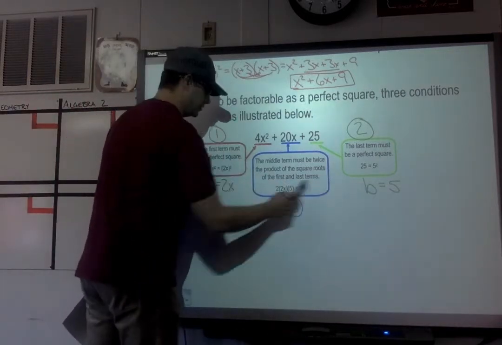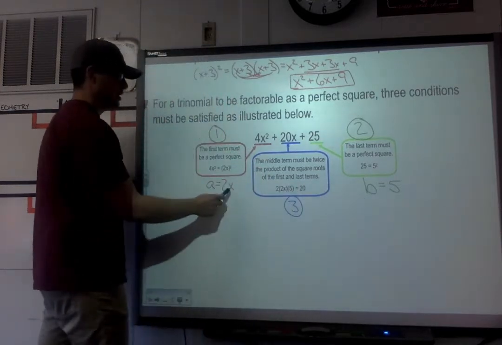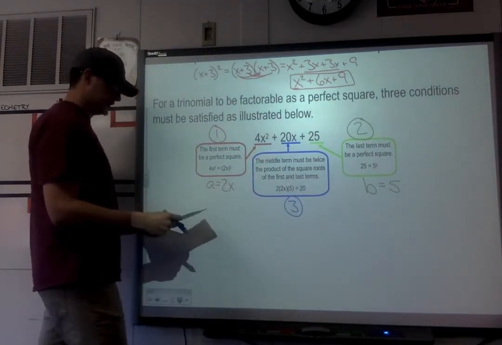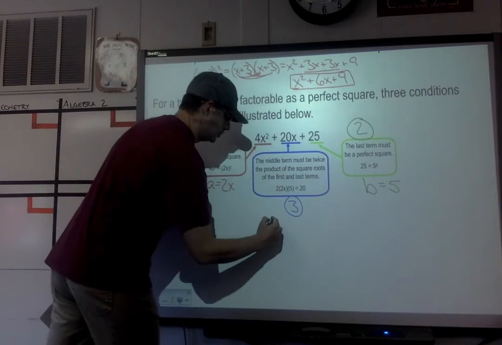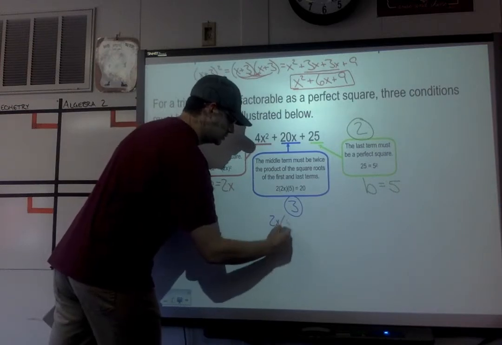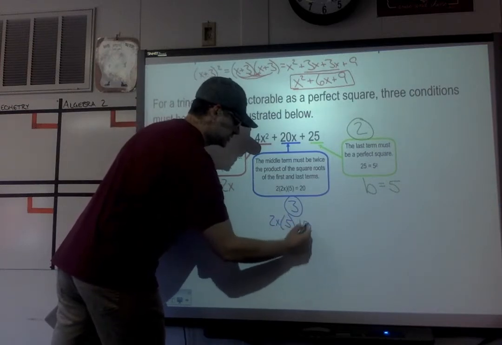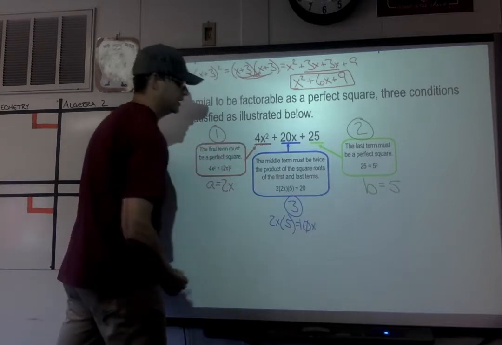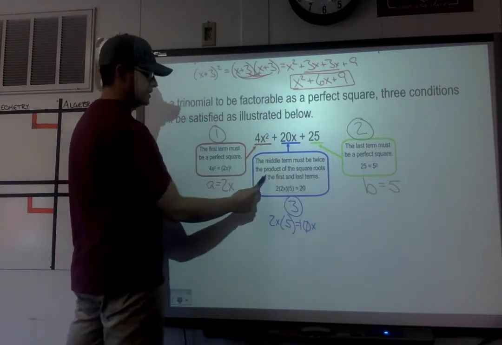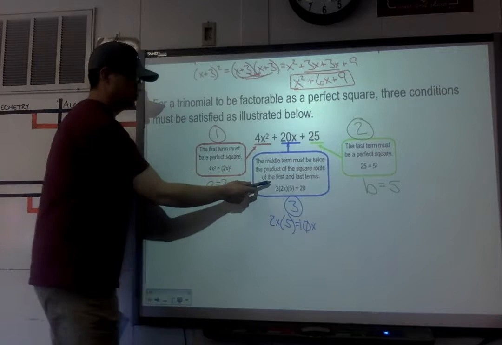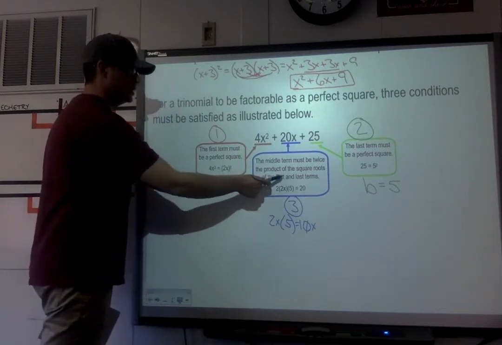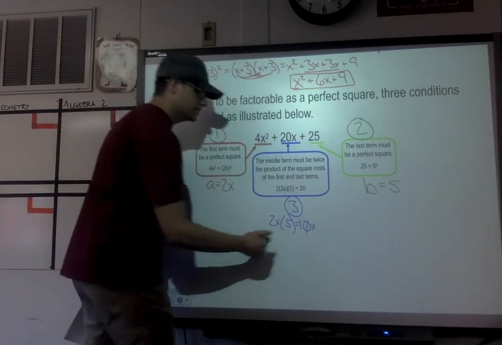So whatever you found as your a and b terms here, you would want to multiply those together. So we would do 2x times 5, which gives us 10x. So that's the product of the square roots of the first and last terms. The middle term must be twice as much as that.